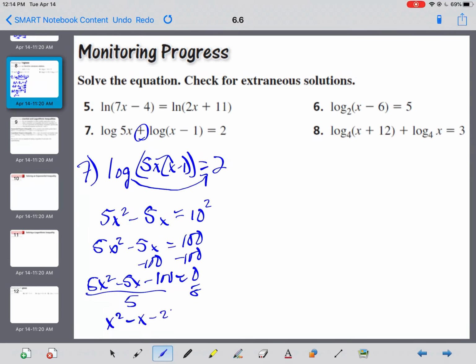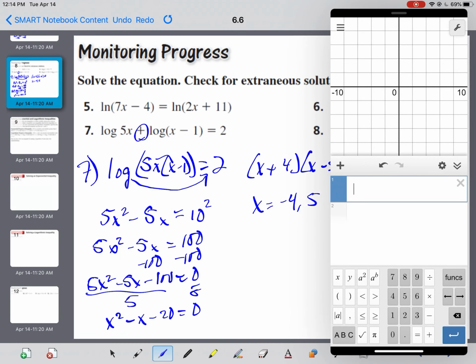I'm going to divide my 5 away. x squared minus x minus 20 equals 0. So we need factors of 20 that subtract to negative 1, and that would be 4 and minus 5. So x equals negative 4 or positive 5.